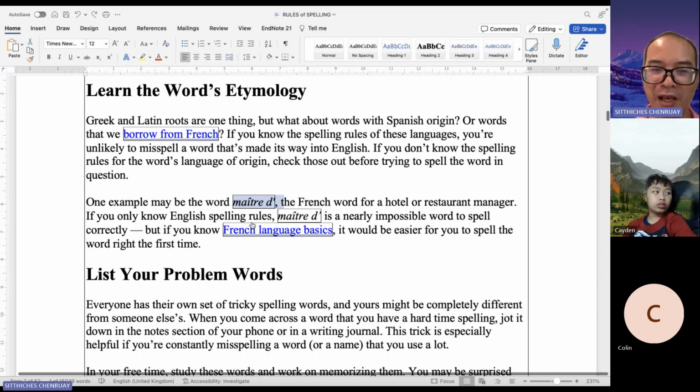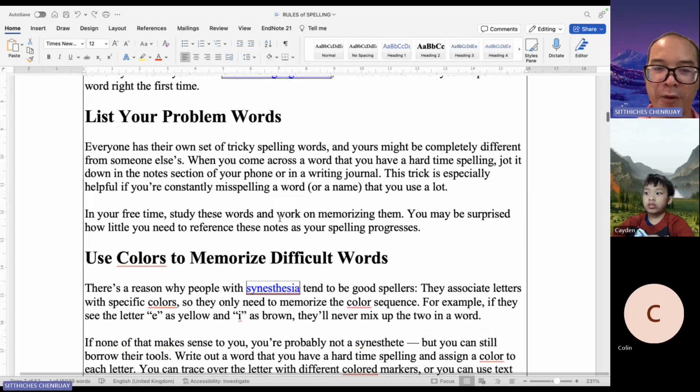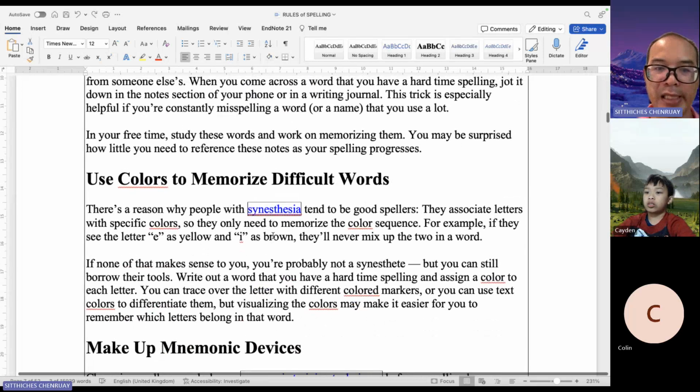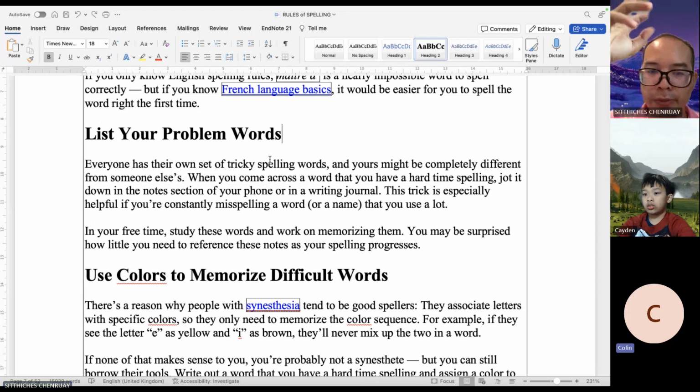Next time I will teach you how to spell words from other languages. And then sometimes you list your problem words. You may list what's wrong, and write it down to help you memorize it.